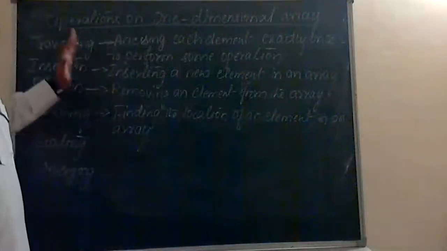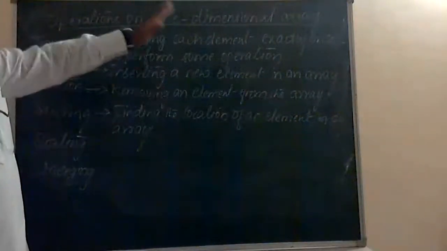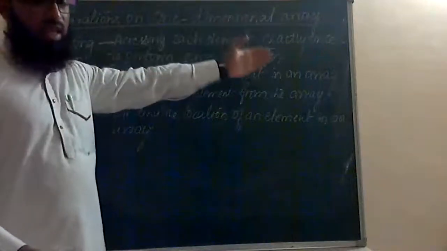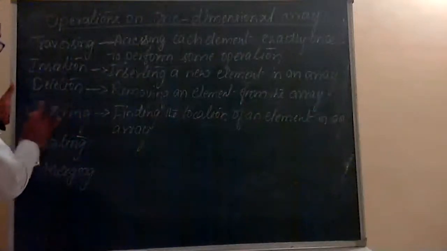I had shown you the location of A of P, which is equal to base A plus W into P minus LB. We have found the location 1003 of the element D. Like that, we will use searching: finding the location of an element in an array.